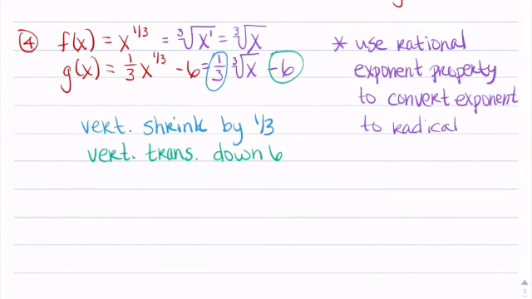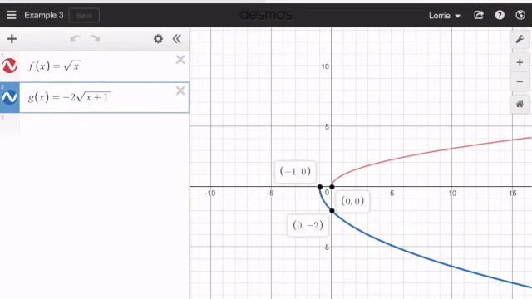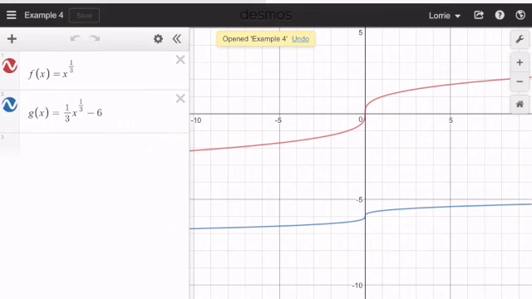So let's take a look at what that looks like on Desmos. Go to our last example, example 4. Again, parent function in red and transformed function in blue. You can see that it is a much flatter graph. It's not nearly as fat, if you will, as our original one.